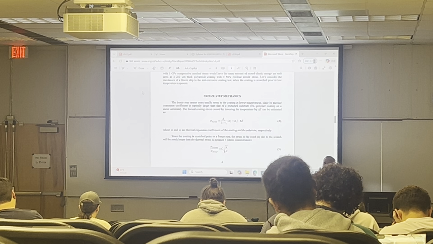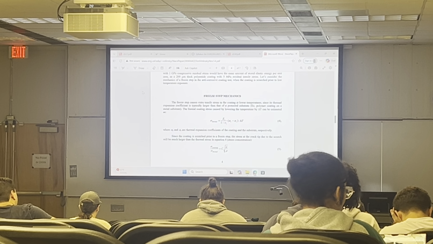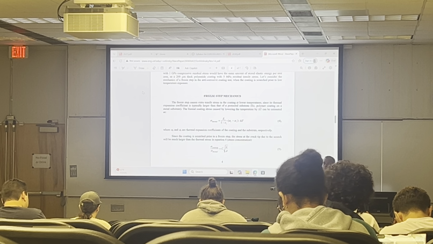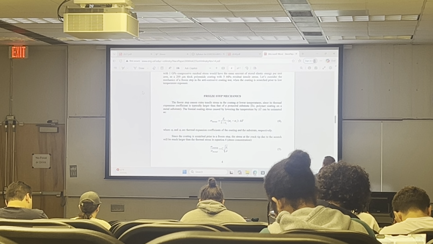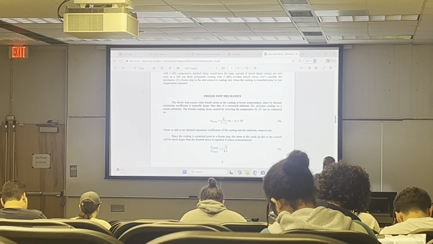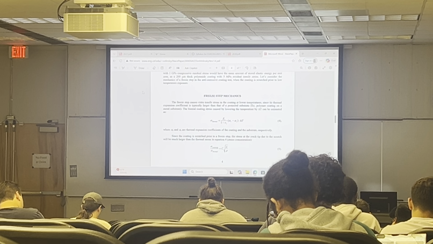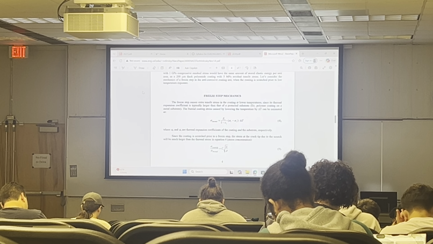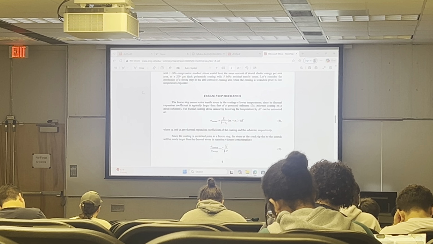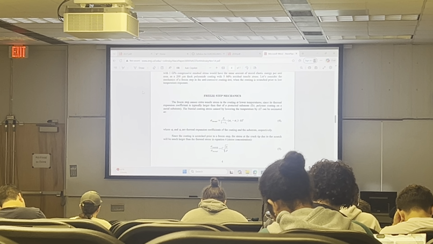If too much current is flowing, that current heats up the material. Once it heats up, it bends mechanically and breaks the circuit. In the case of a thin film, it's very different because the coating is very thin and the substrate is thick, but this thin coating can actually warp the substrate.